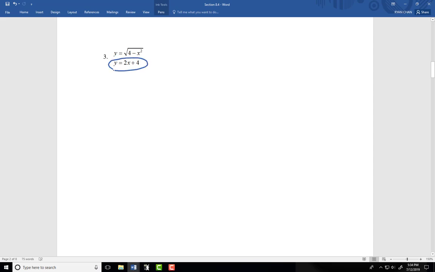I can plug my 2x plus 4 in for y over here, and it looks like this. So instead of saying y, I have 2x plus 4 is equal to square root of 4 minus x squared. And then I can square both sides.